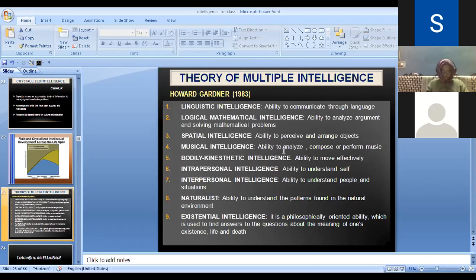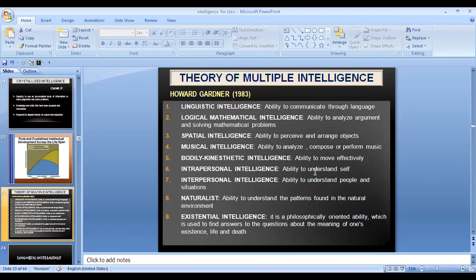Musical intelligence, the ability to analyze, compose, or perform music. Then bodily-kinesthetic intelligence, the ability to move effectively. Interpersonal intelligence, the ability to understand other people. Then intrapersonal intelligence, the ability to understand self. Then naturalist, the ability to understand the patterns found in the natural environment. And then comes existential intelligence.